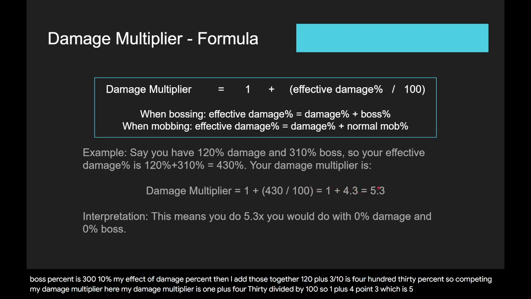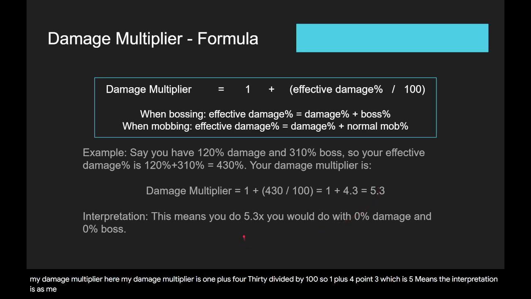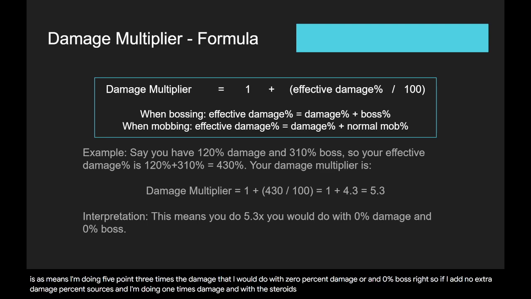And the interpretation is that I'm doing 5.3 times the damage that I would do with 0% damage and 0% boss. So if I had no extra damage percent sources, I'm doing 1 times damage, and with this damage multiplier, I'm doing 5.3 times the damage.